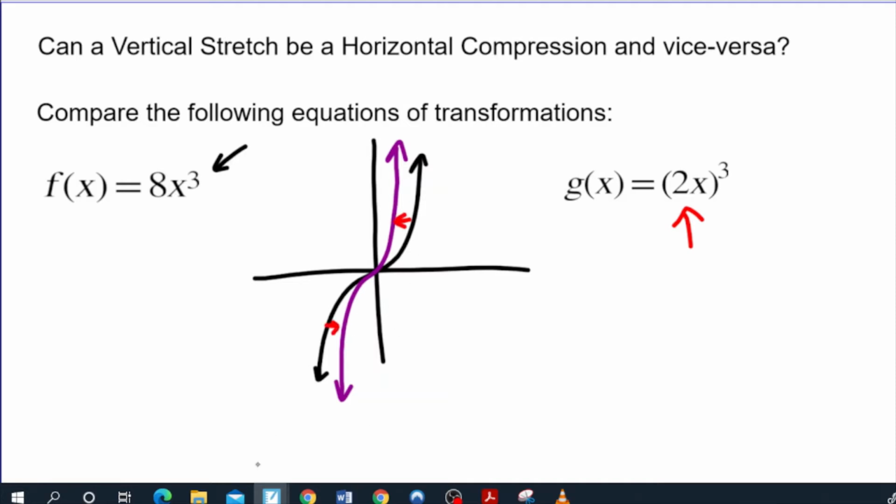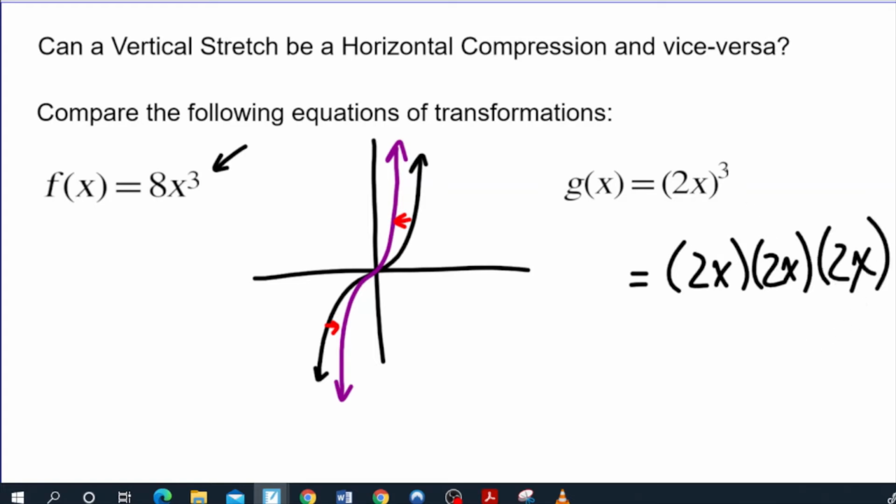But could that not mean that the original parent function would therefore end up on the same graph as the vertical stretch? And the answer is yes, because if we actually take the time to expand this (2x) to the 3, which means 2x times 2x times 2x.